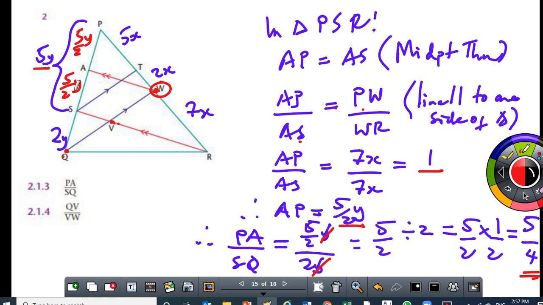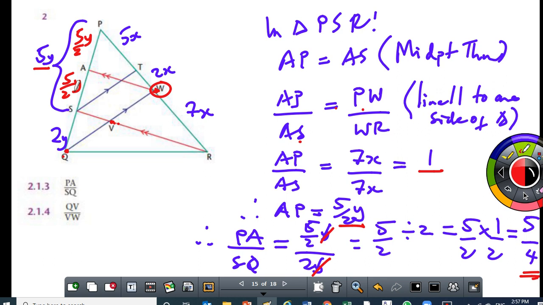What about QWA? Thank you. It will be QWA. So you identify the triangle first. If you don't see the triangle, you won't be able to do it.